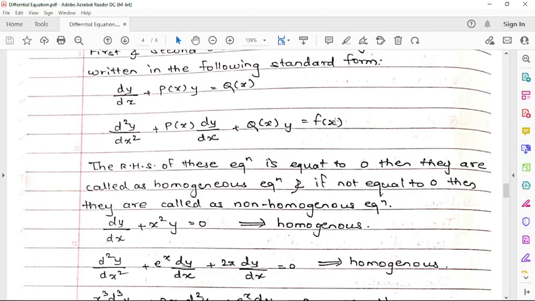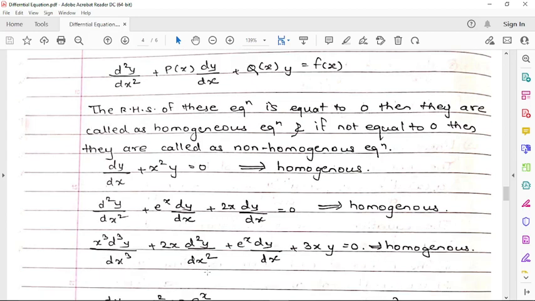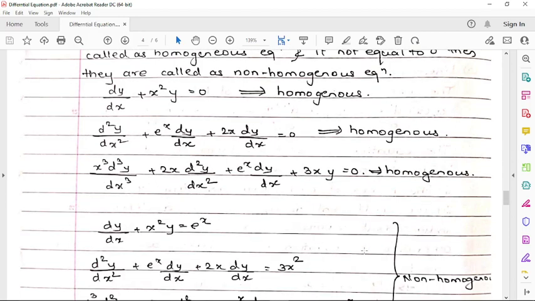Is equal to 0. Right hand side is 0, and we know that if the right hand side is 0, we call that equation homogeneous. Similarly, check the third example. It is arranged in proper format. The right hand side is 0. Therefore, this equation is homogeneous.